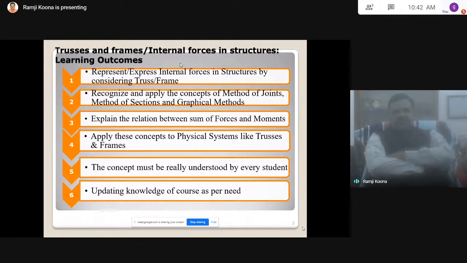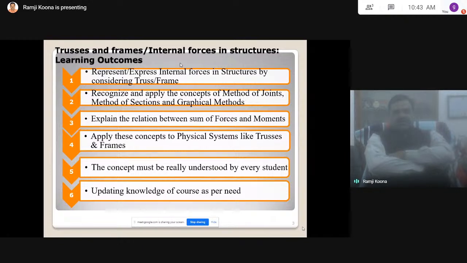Then truss and frame we will discuss. Plate and shell and other things are not in this particular subject. Sometimes, in some conditions, for a truss we will consider the bar also.